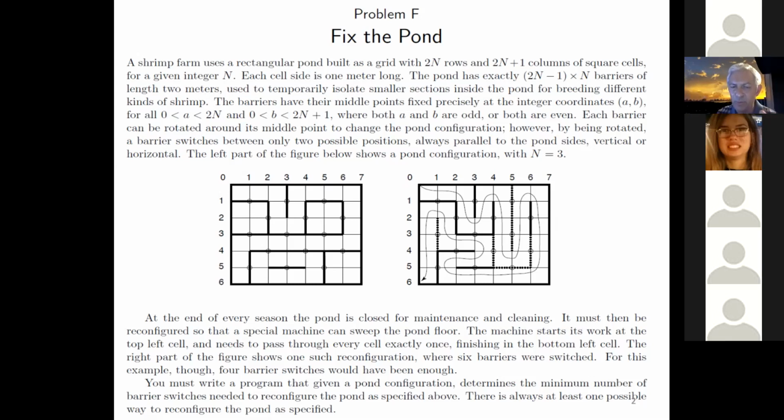Even if there were only n different barriers, you would have 2 to the n different possibilities for either a horizontal or a vertical flip. And therefore, because this has 2n times 2n plus 1 rows and columns, there really are something like n squared different barriers.